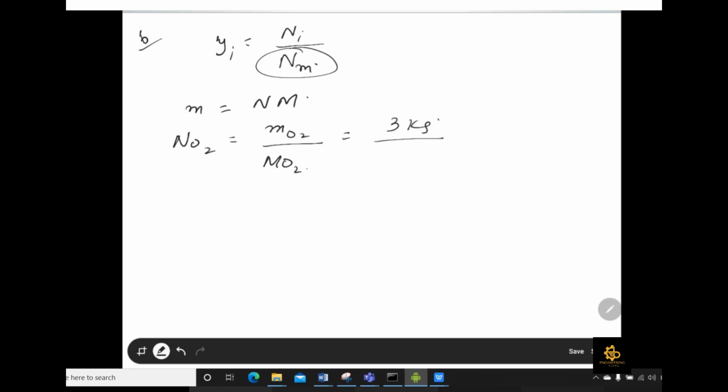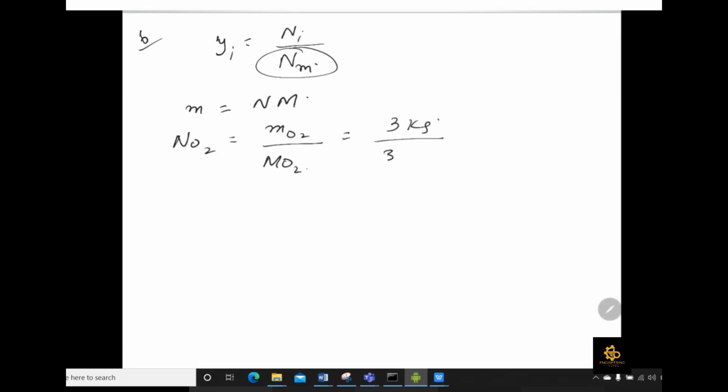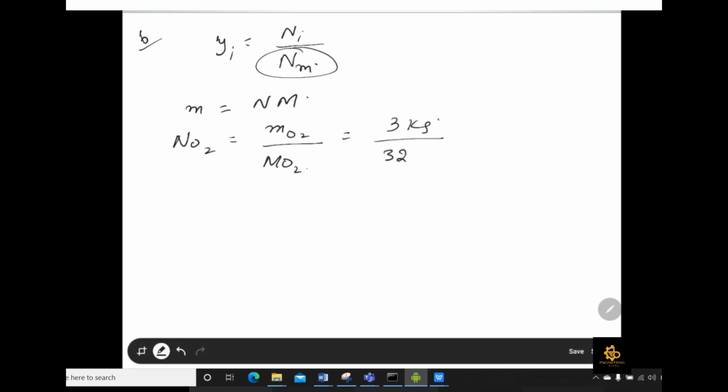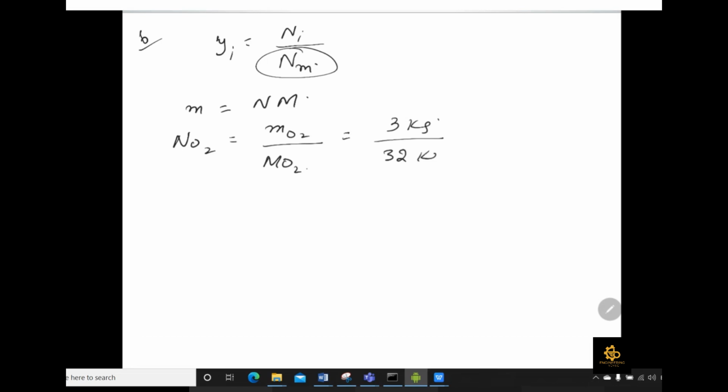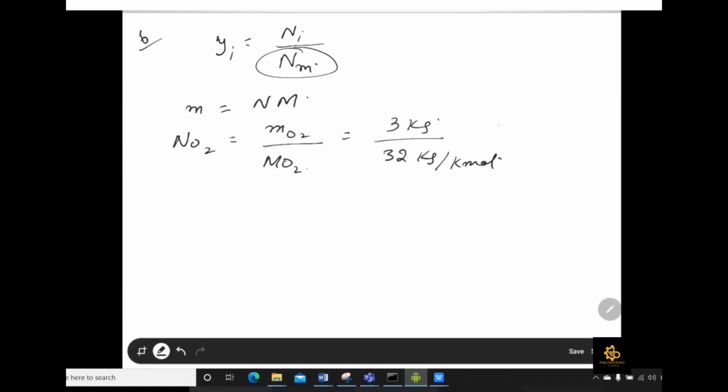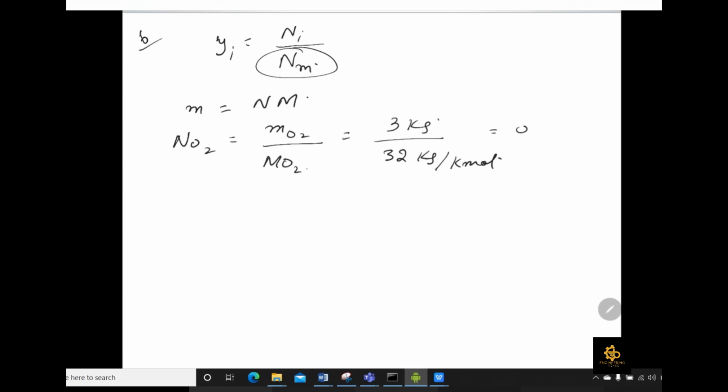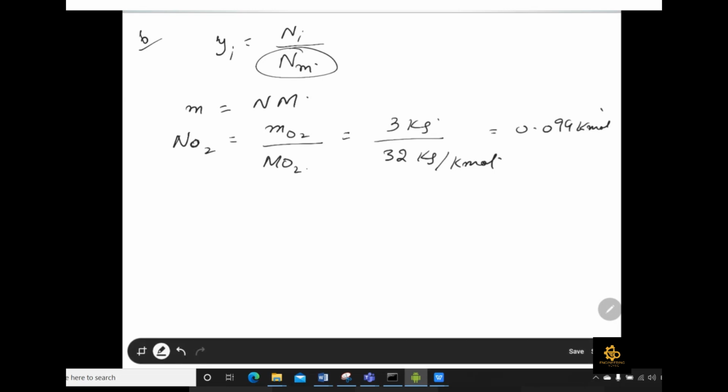The mass of O2 is known from the question: 3 kg. For the molar mass of O2, go to table A1 and find the molar mass of oxygen. If you cannot remember it, look it up and put 32 kg per kilomole. Solving, it will be equal to 0.094 kilomole of O2. This is the first component for which we have found the mole number.